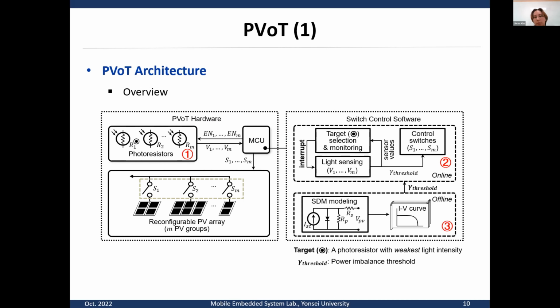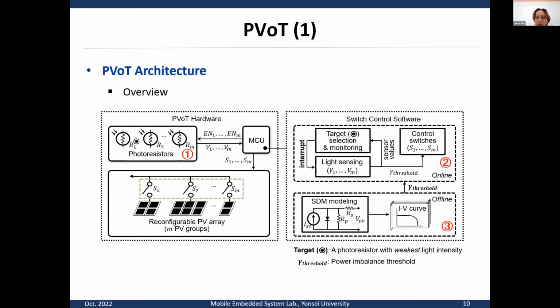So in this work, we propose the PVoT system that maximizes the energy efficiency of a reconfigurable PV array for indoor IoT devices. The figure shows the system overview, and PVoT consists of 3 parts. The first part is the photoresistor-based harvesting capability estimation. The photoresistor is a kind of light sensor, and we exploit its physical properties to develop an energy-efficient light sensing technique.